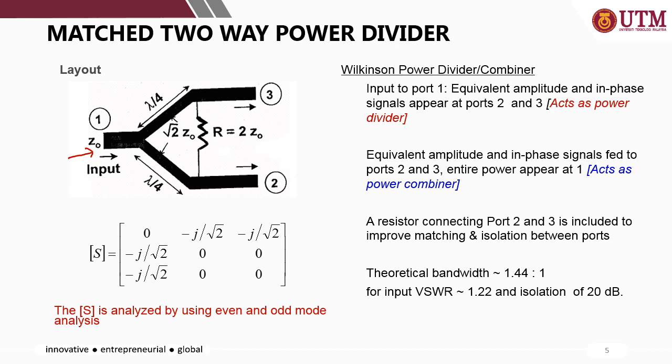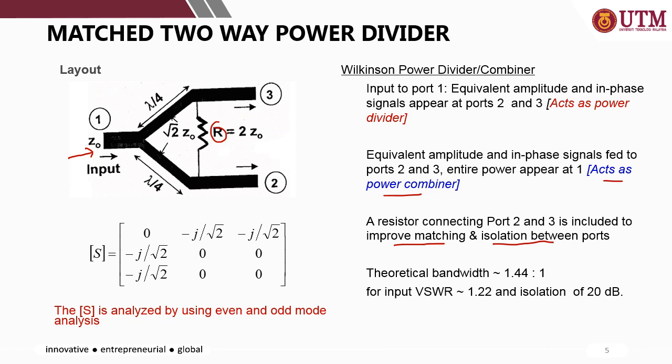On the other hand, if you have equivalent amplitude and in-phase signals fed to port 2 and port 3, and the output appears at port 1, then the design is actually representing a power combiner. The resistor connecting the two ports, port 2 and port 3, basically improves the impedance matching and also provides better isolation between the two ports.